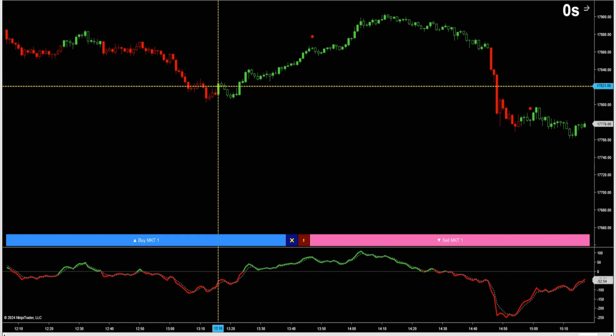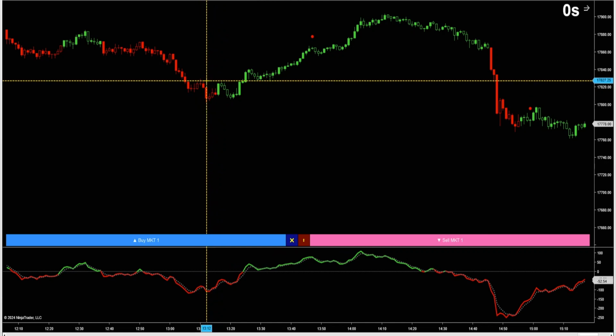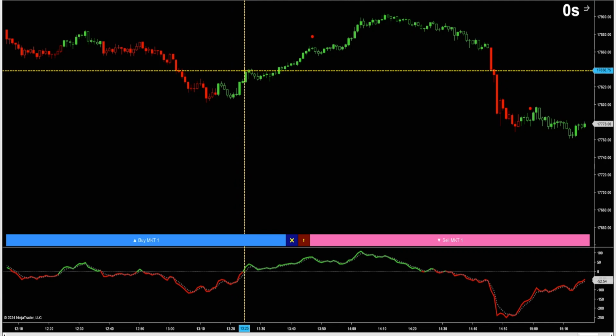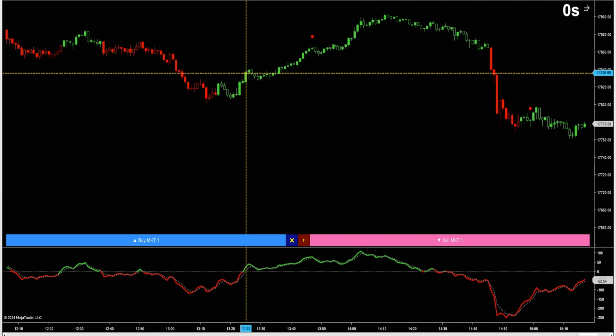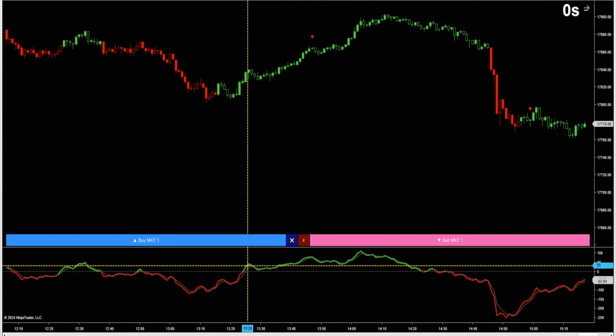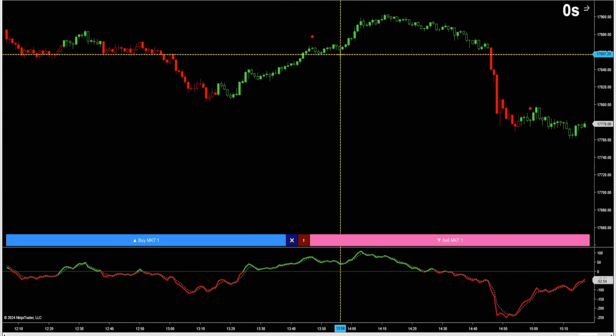So even though we get green candles here, I want to wait till we get a close above this previous high right here. We don't actually get a close above this previous high until this candle right here. And at that point we are above the zero line on the MACD. As you can see, the MACD line is green down here. And we get a nice 60-point move up.